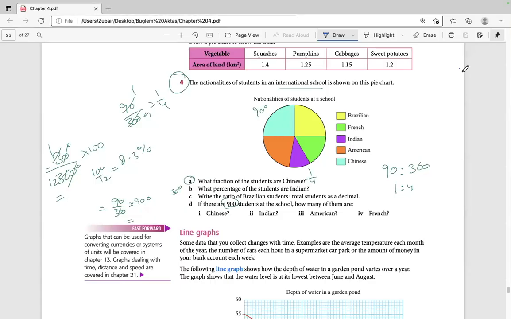You have two sections. One is calculator, the other is without it. The answer is 225. That's correct. And all others would be done in the same manner.